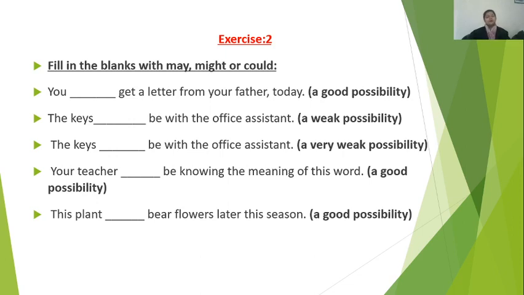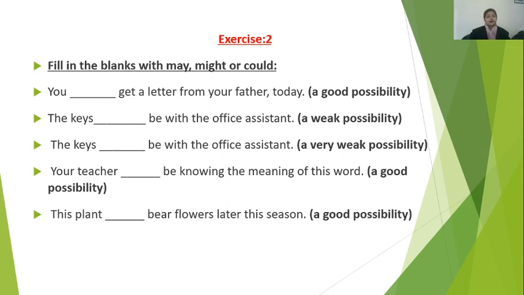Okay, in this exercise you are going to fill in the blanks with may, might, or could, and it is about the possibility. May shows a good possibility, might shows a weak possibility, and could shows a very weak possibility. 100%, 80%, and 10 to 20%.